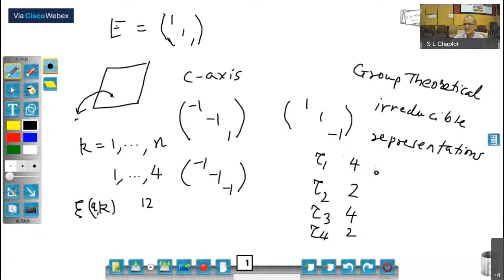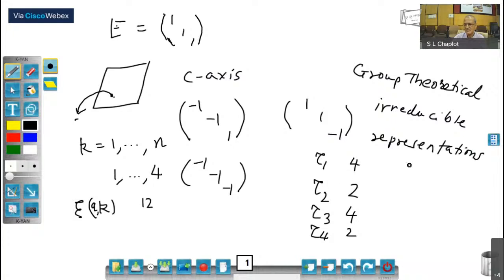It could be, for example, that the displacements are symmetric or antisymmetric with respect to inversion, which means the displacement of, for example, this atom and this atom, how they are related, whether they are equal or different, and so on.